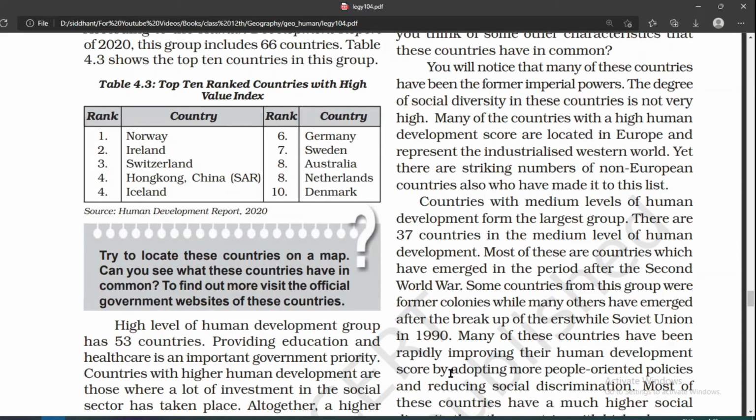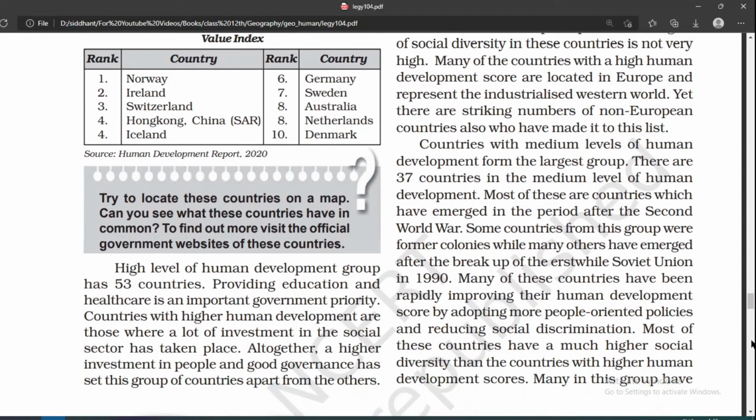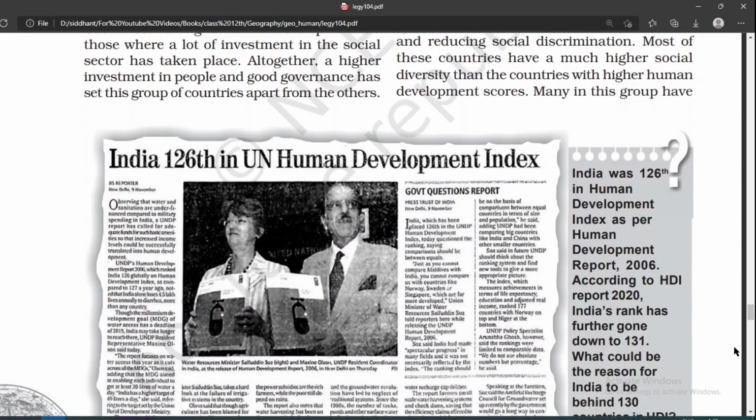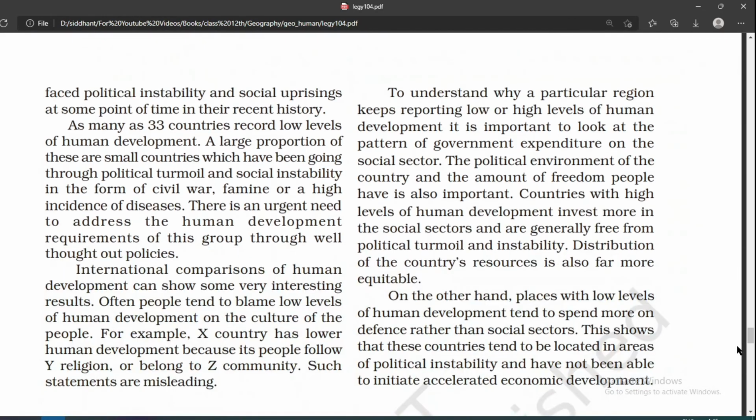Many of these countries have been rapidly improving their human development scores by adopting more people-oriented policies and reducing social discrimination. Most of these countries have a much higher social diversity than the countries with higher human development scores. Many in this group have faced policy instability and social uprising at some point of time in their recent history.